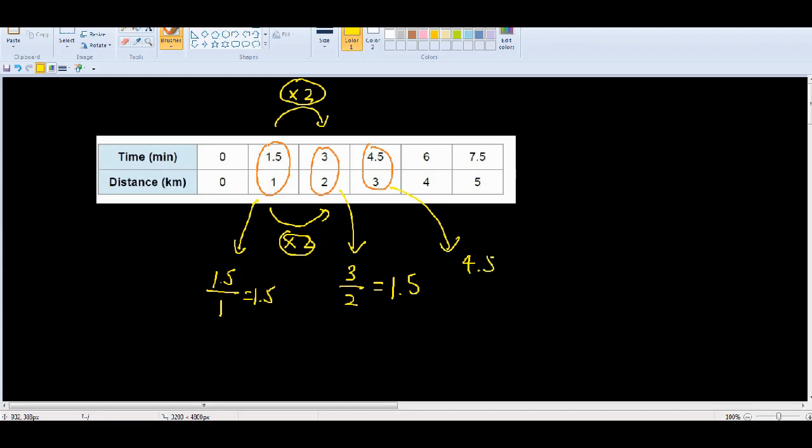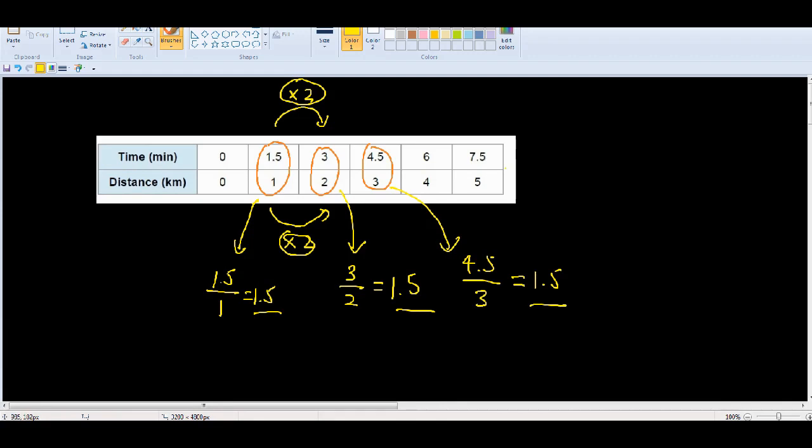And if you divide 4.5 by 3, it also equals 1.5. So it's always 1.5. That means if two quantities are in direct proportion, then the ratio or the rate between the two quantities will be a constant.